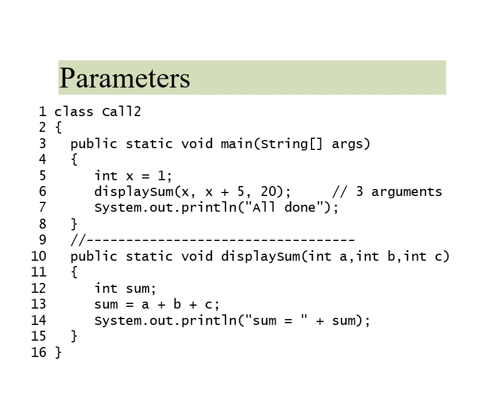So first, number 1, determine the values of the arguments. Number 2, on line 10, you have those parameters, A, B, and C. The next thing that's going to happen is those parameters A, B, and C are going to be created. A, B, and C don't exist until you call the method display sum.